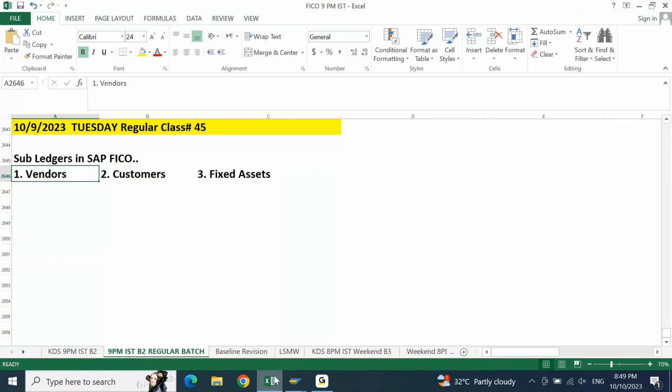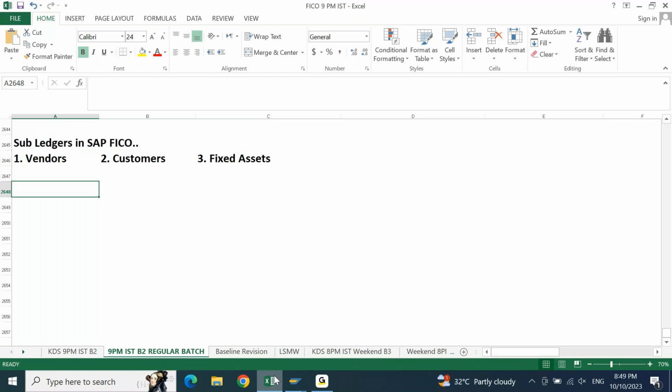If you are debiting a vendor account, your credit will be the GL account. If you are crediting the vendor account, debit will be the GL account. In short, the subledger's offsetting account is always a GL account. Either debit or credit will be your subledger, and the offsetting account is always the main ledger.